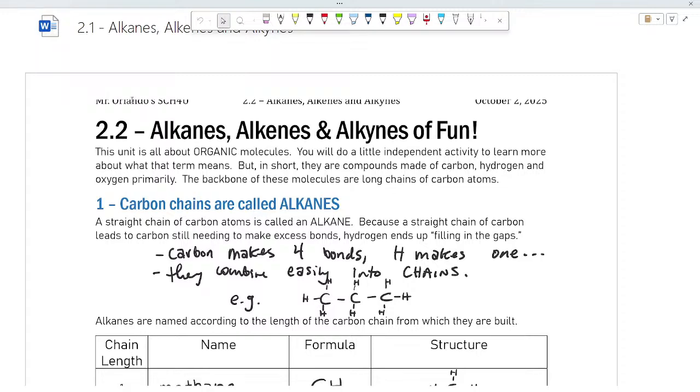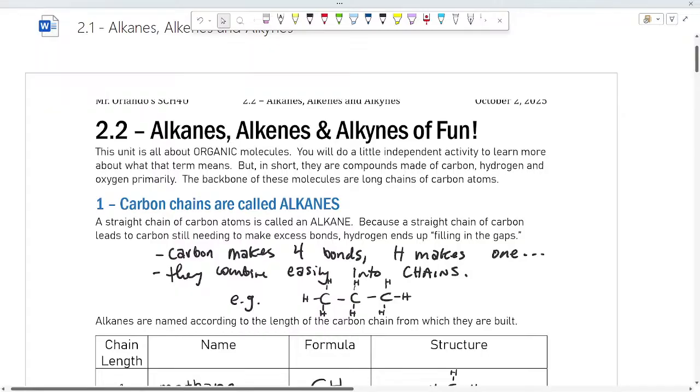So, the simplest version of that is to make a chain and not do anything fancy. No double bonds, no triple bonds, no oxygens, no nitrogens, nothing like that. Just a straight chain of carbon. And that straight chain of carbon with nothing but single bonds, we call these alkanes.